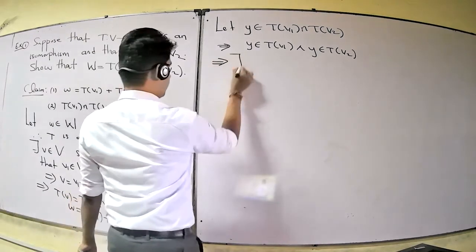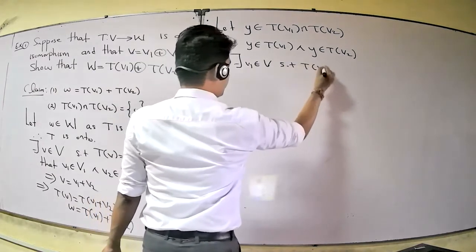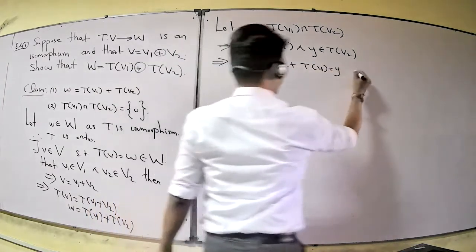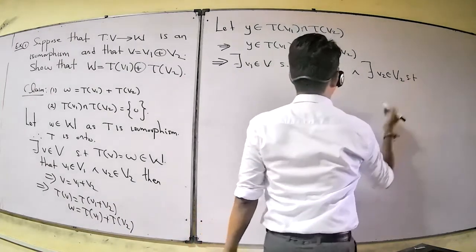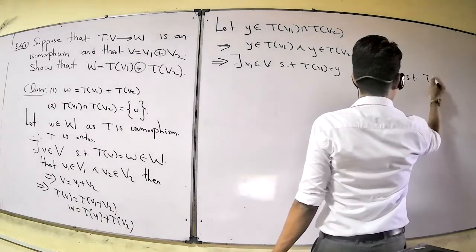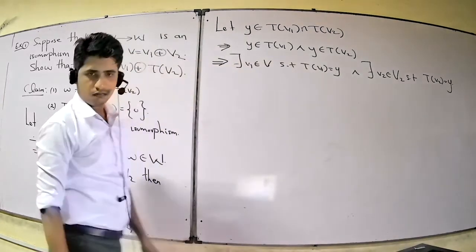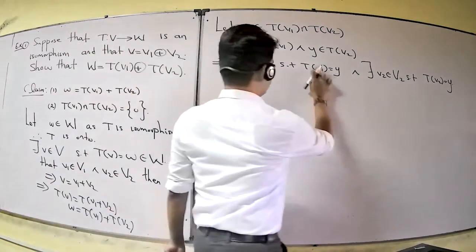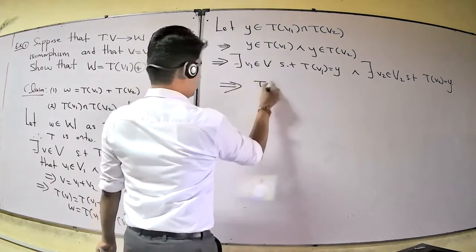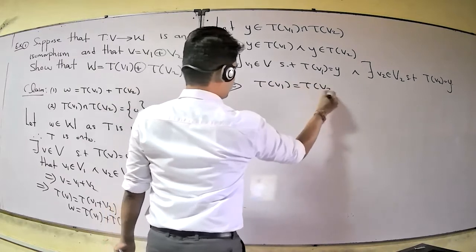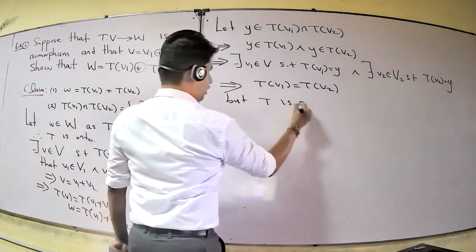That is, there exists v1 belonging to V1 such that T of v1 equals y, and there exists v2 belonging to capital V2 such that T of small v2 equals y. From both of these, you can write T of v1 equals T of v2. Because T is an isomorphism.